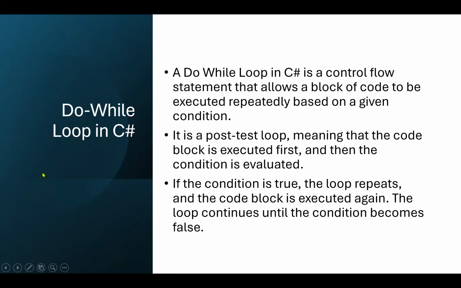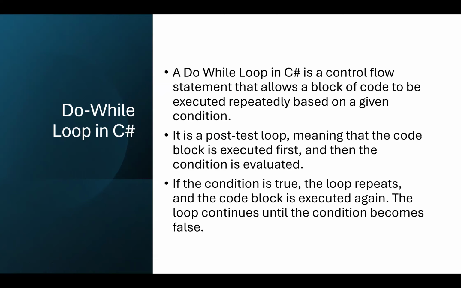And the third kind of loop that we have is the do-while loop in C#. The do-while loop uses the keyword do and another keyword while. It means the do-while loop in C# is a control flow statement that allows a block of code to be executed repeatedly based on the given condition.